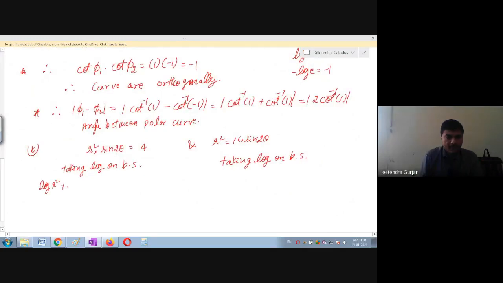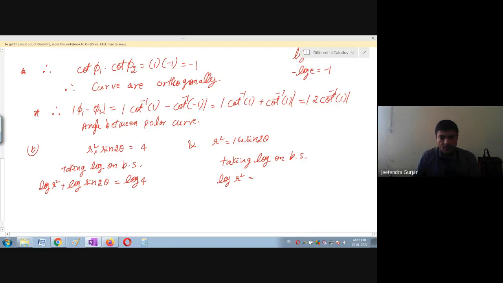R square plus log of sine 2 theta is equal to log 4. Similarly, here in this equation we again have log of R square is equal to 16 log sine 2 theta. The 16 is constant, so there is no need of separating this constant again.